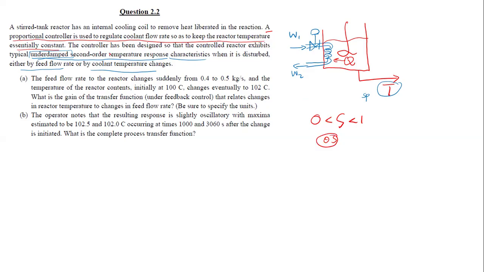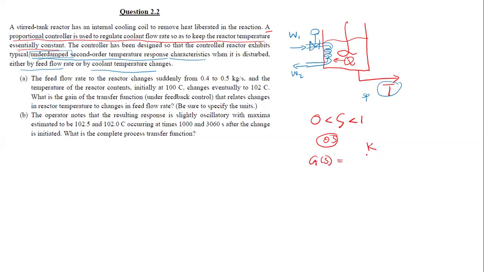Okay? And then also we are talking about the second order equation. So when you talk about the second order equation, we are looking at the transfer function. The transfer function given by a second order equation, unlike the first order equation, we know that here we're going to have G(s), which will be for second order.